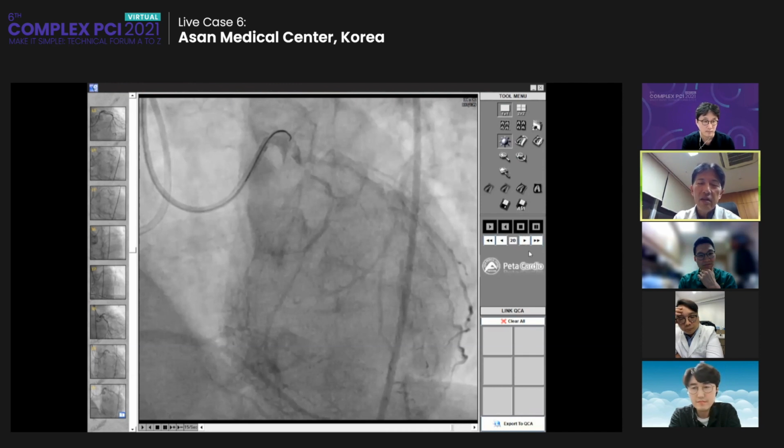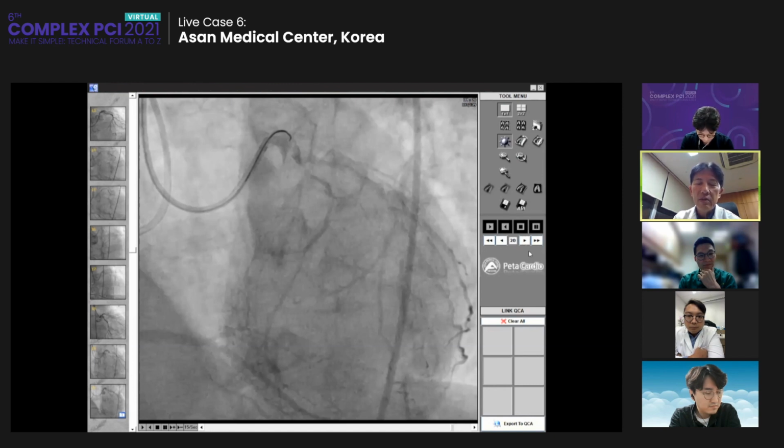After that, we try to discuss the evaluation of the regions and how to do it, what kind of guiding catheter, what kind of guide wire, and what kind of microcatheter we can use.